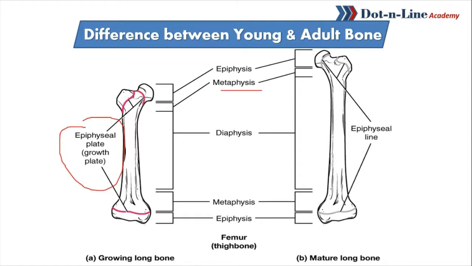In the young bones you will find the metaphysis prominent and the epiphyseal plates there. In the adult bones you will not find the epiphyseal plates. You may find epiphyseal lines, but you will not find epiphyseal plates, and the metaphysis will also not be very distinct. All the other parts of the bone will be there, but the epiphyseal plate and the metaphysis will distinguish them.